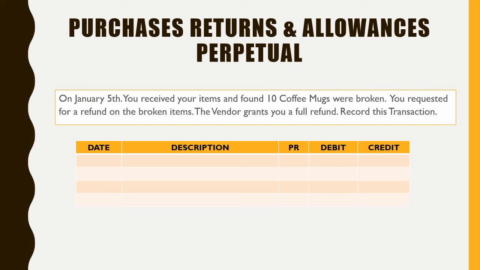I have 10 of those mugs, but are you doing it at $1.25 or dividing by the whole cost? Can you return freight? No, you can't. So in this case, it'd be for the $1.25. So you said $12.50. Now, what account am I going to record?